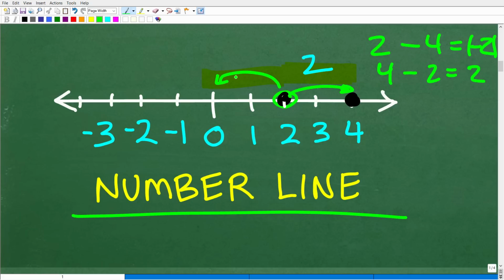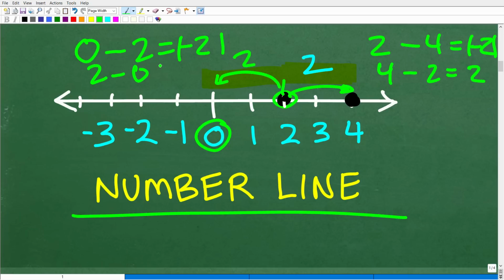Well, what other number is 2 units away from 2? Well, it's 0, right? Because this distance, 2 to 0, is also 2. So, of course, we can measure that as 0 minus 2. That's negative 2, but we're talking about the absolute value, so that's positive 2, or 2 minus 0. All right, so this is basically how we're going to solve our problem. And if you're a bit confused about distance, hopefully this clears things up.